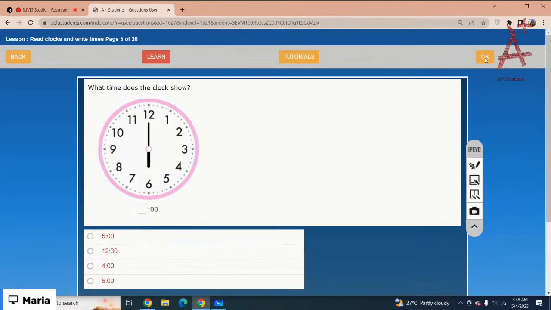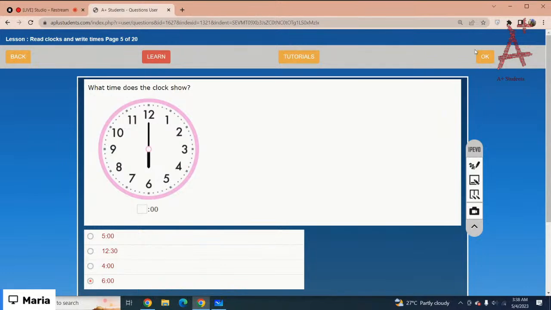What time does the clock show? It would be 6 o'clock.